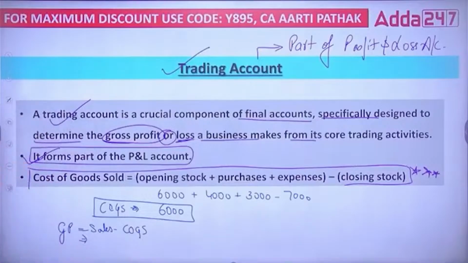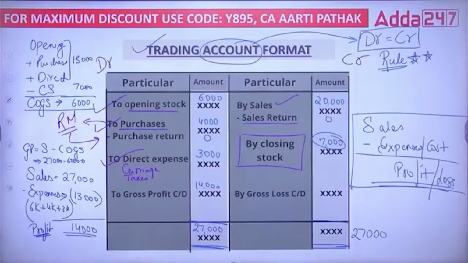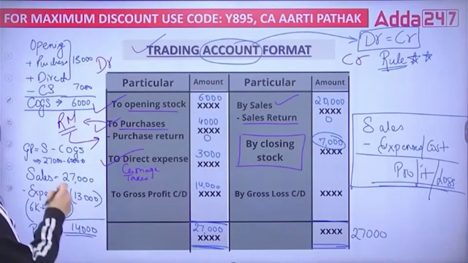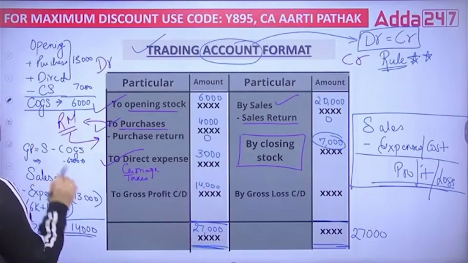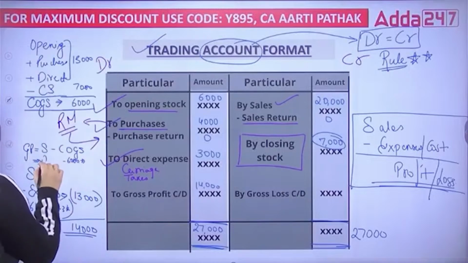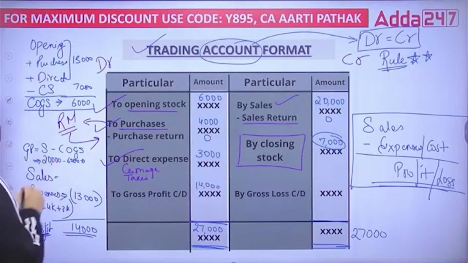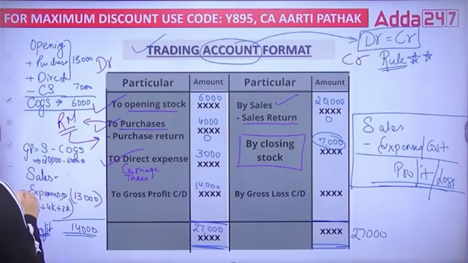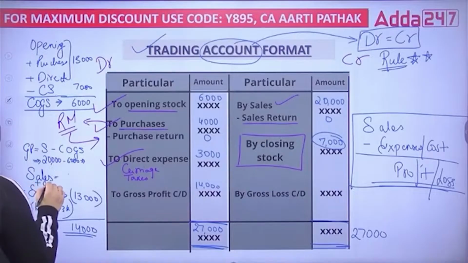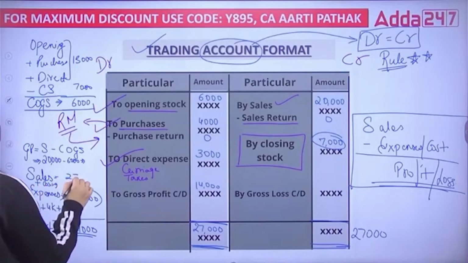Now, sales is how much? Okay, I got it. Here I have written wrong. Sales value is not 27. Yes, sales value is 20,000. This side I have added your sales plus closing stock, I have added both the things. Acha, that's the point.